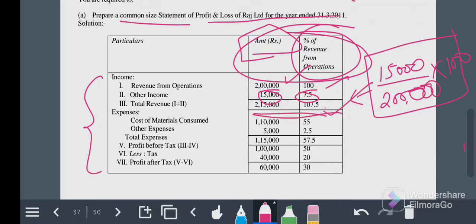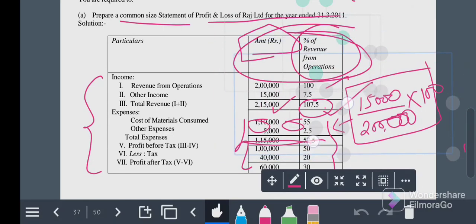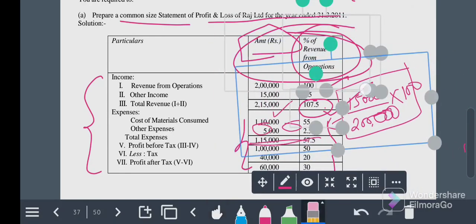Then 2,15,000 upon 2 lakh into 100 will give you 107.5%. Similarly I did for this one also, and got these percentages. So this is how you prepare a common size statement of P&L. Are you clear with this or not? Okay, so hope you are.